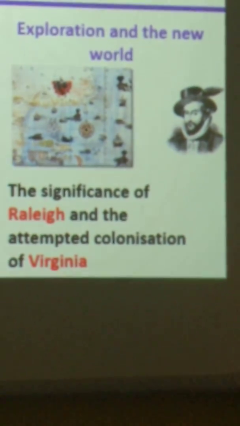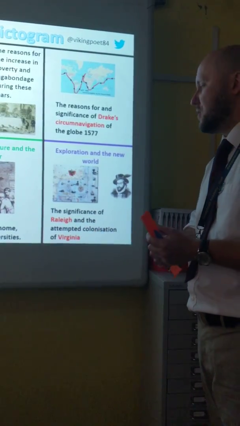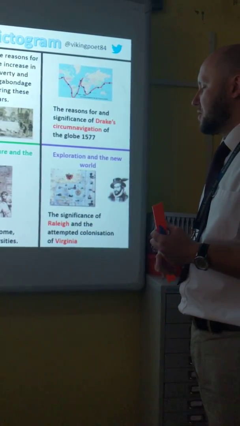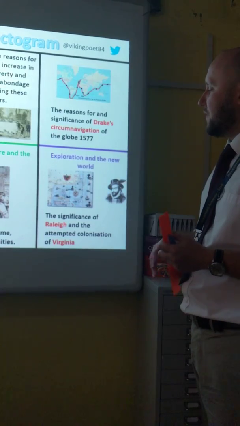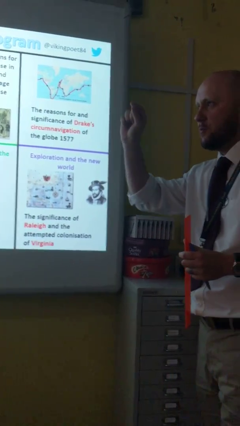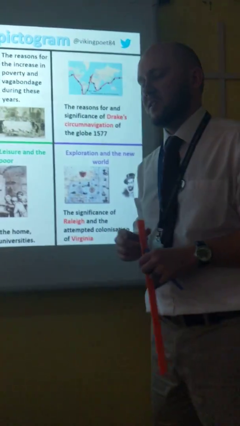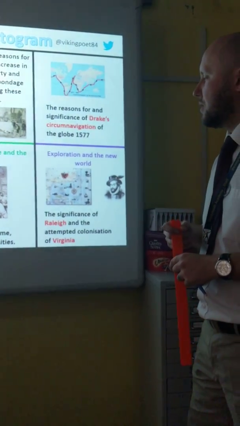In fact, what they find is a hostile Native American population, and all that's there is farming, and these rich lords didn't go to find the New World for farming. So it fails, and there's this really mysterious thing on Roanoke Island where the word Croatan was written into a tree, and all that was found was some arrows and a skeleton. So it didn't end very well for them.